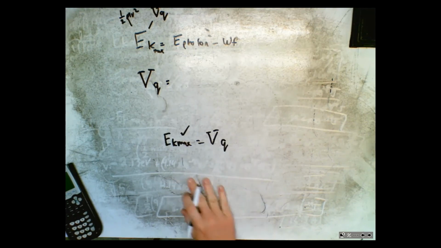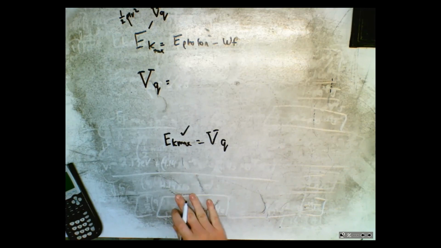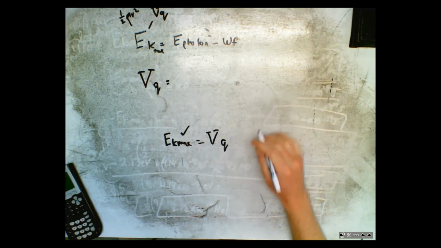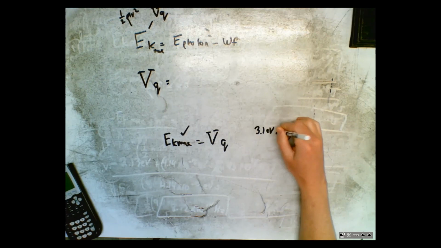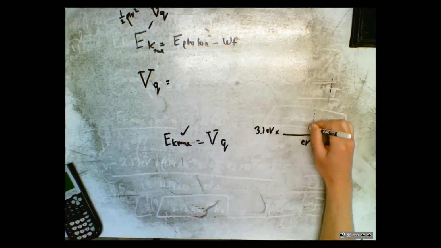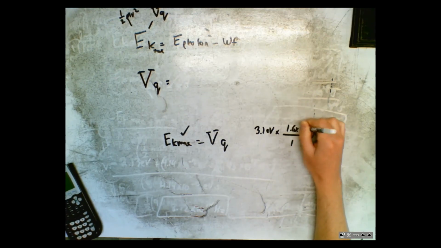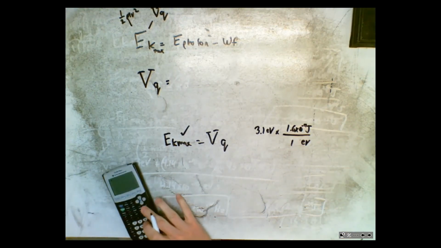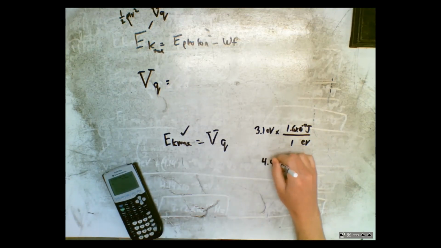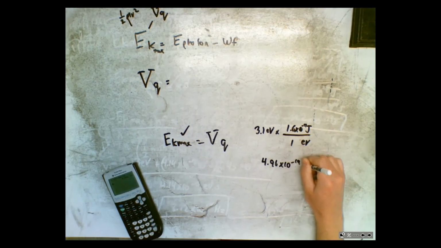The reason I do this question, it's a simple question, is because I want to talk about electron volts and joules. So if I am in electron volts, one thing I can do is switch my electron volts into joules. If I go 3.1 times 1.6 times 10 to the negative 19, I get this.